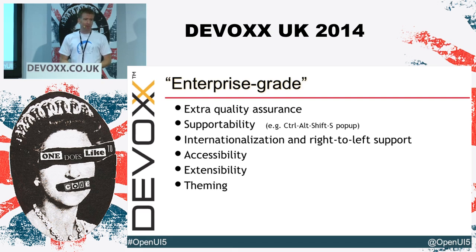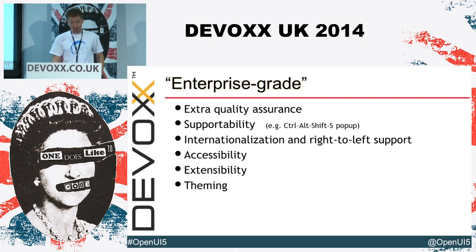So for blind people, we have screen reader support with the ARIA standard, and keyboard navigation, high contrast theme for those who can see so well. Another big topic is extensibility. So if customers or partner companies want to adapt the application, there are special features to support this kind of extensibility without modifying the original application.